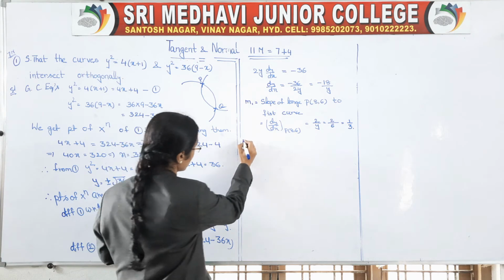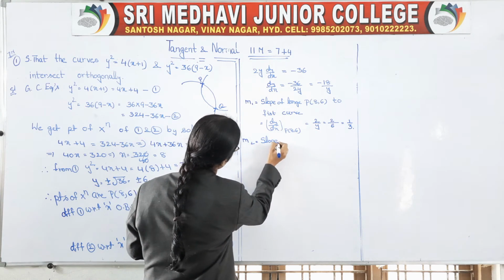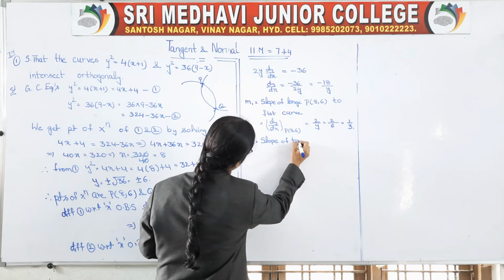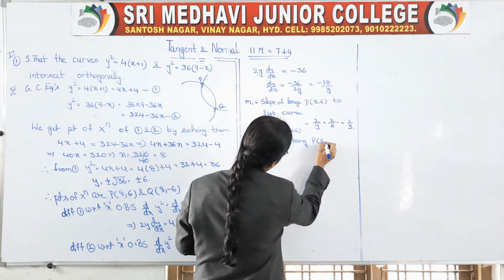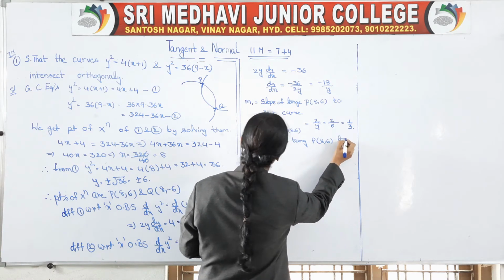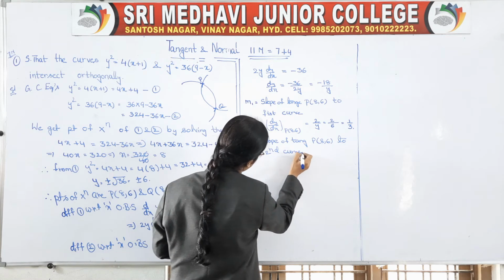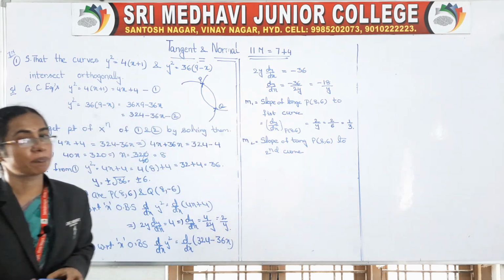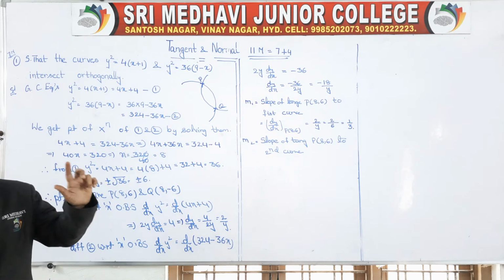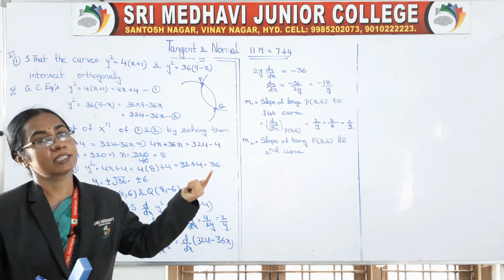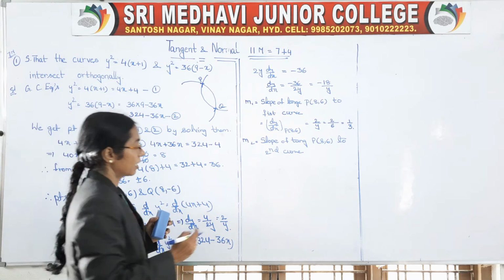Okay, so next m2 is equal to, what is m2? Slope of tangent at the point P 8, 6 to the second curve. Okay, we are finding the angle at P. So at P only we are taking the tangent to the first curve and the tangent to the second curve.